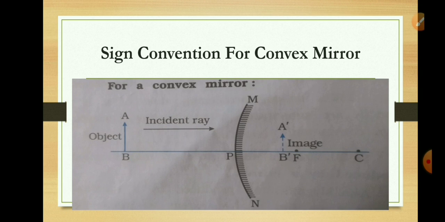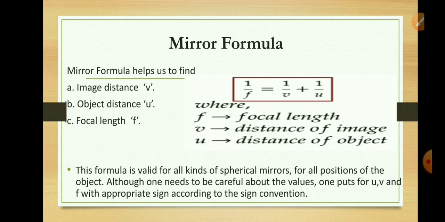Now, to find the position of image without drawing a ray diagram, with the knowledge of sign convention, we will learn about the mirror formula. This formula will help you to find image distance, object distance and focal length. Now what is image distance? As I told, the distance of image from the pole is called image distance.